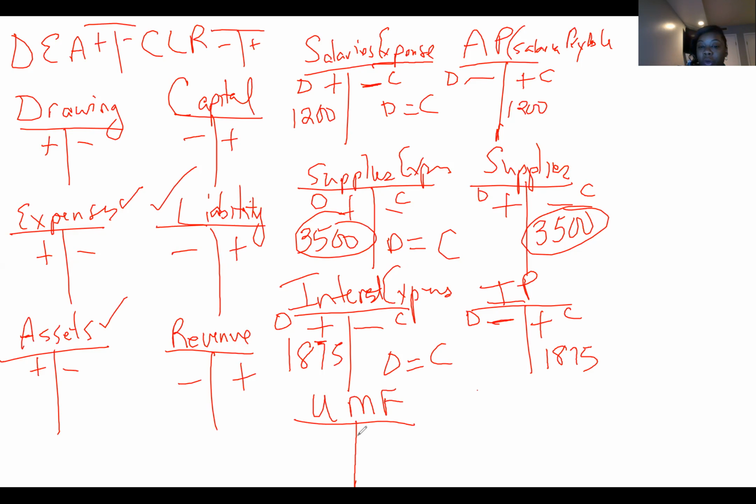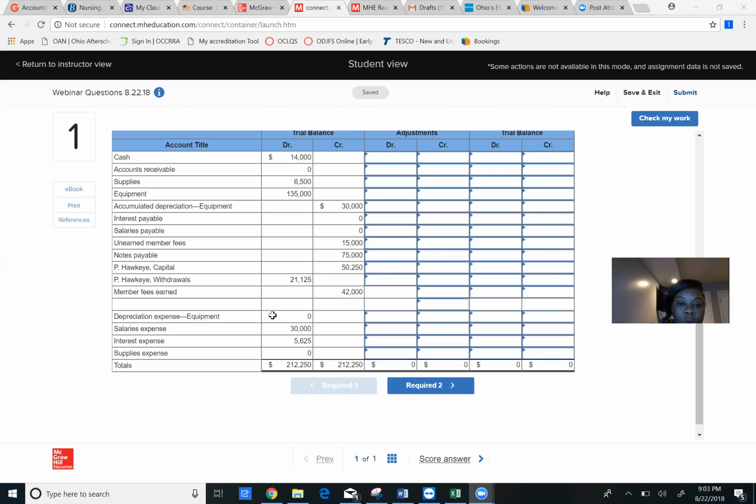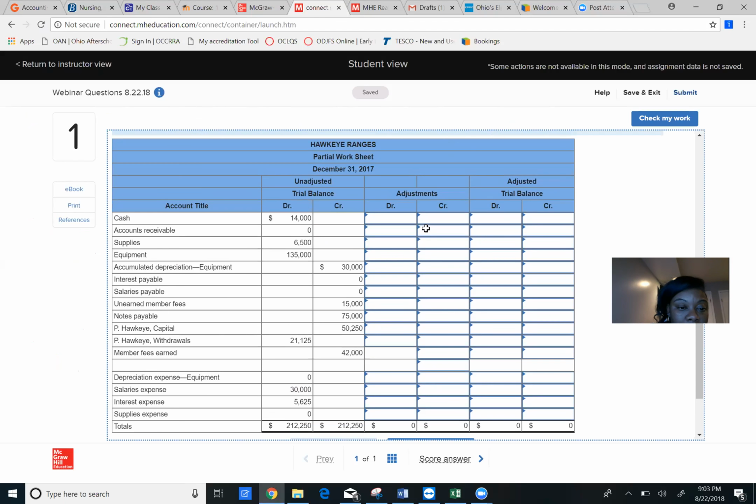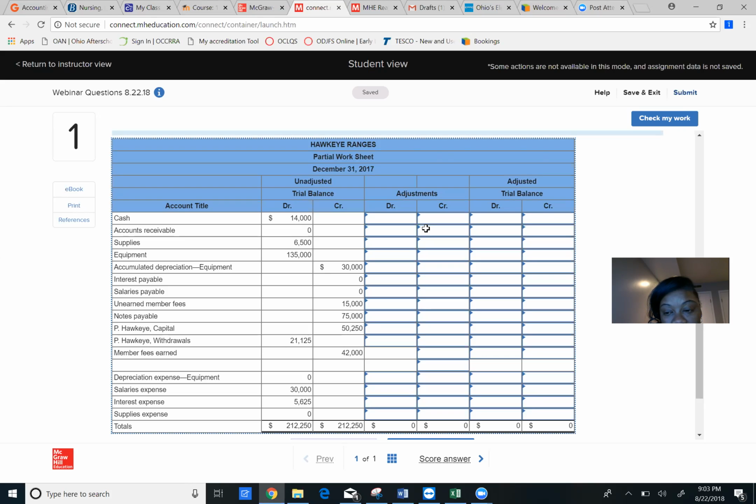What I would do is look at what my available options are. So this is a liability. Okay, so the offset is member fees earned. You see that? Yes. Okay.